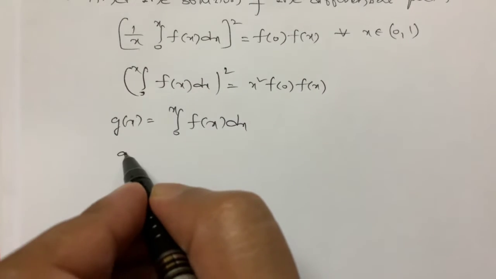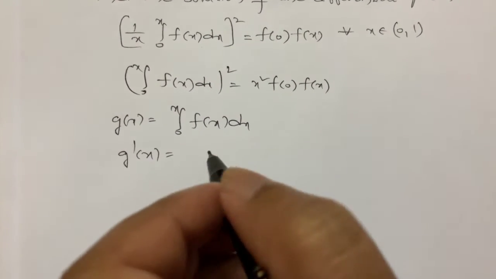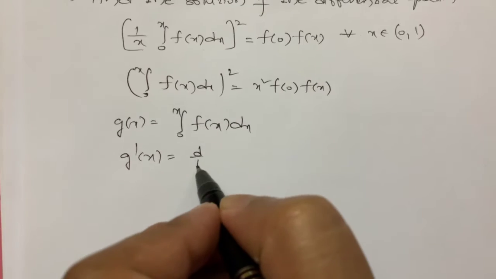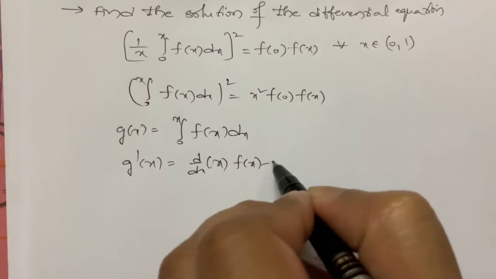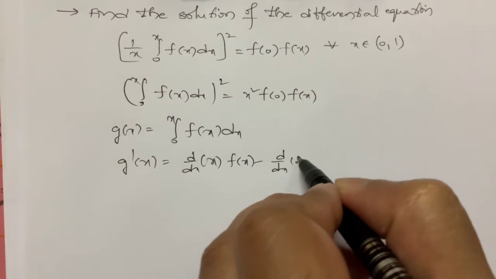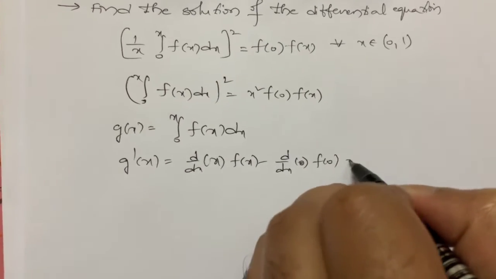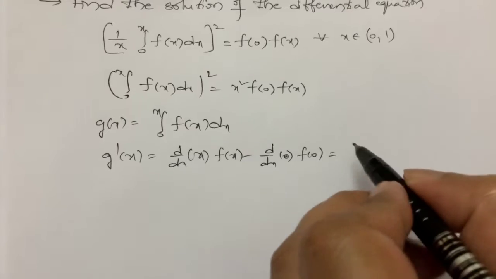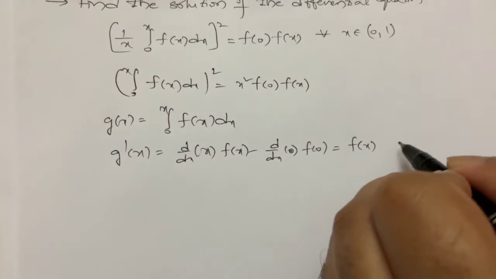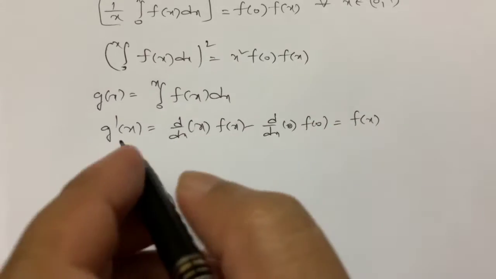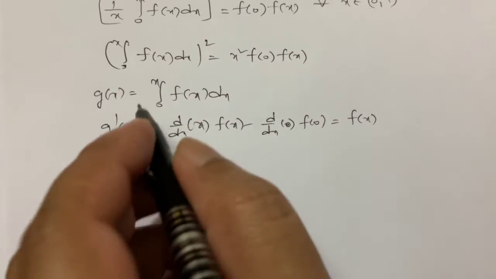If I differentiate this, g'(x) will be, applying the differentiation property, d/dx of x·f(x) minus d/dx of 0·f(0). d/dx of x is 1, so f(x); d/dx of 0 is 0. So g'(x) is f(x).